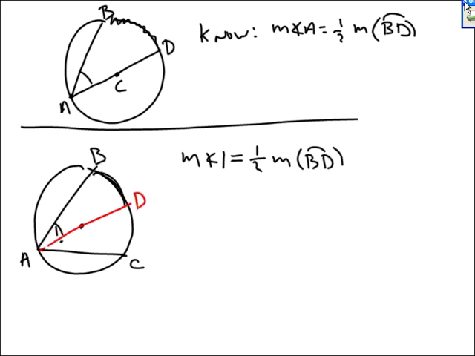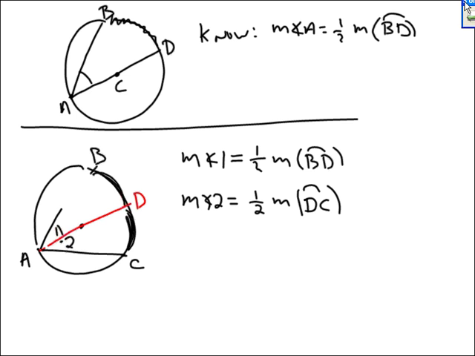Okay, I'll play the same game with angle 2. That is, ignore one of those lines. Ignore that line. We know that the measure of angle 2 is 1/2 the measure of the intercepted arc, which is DC. This arc right here.